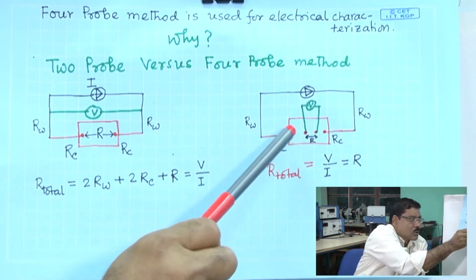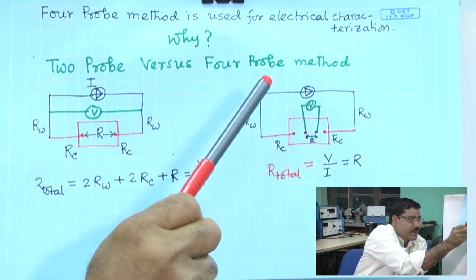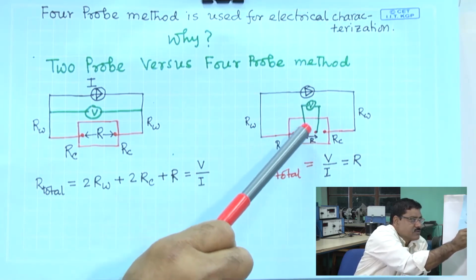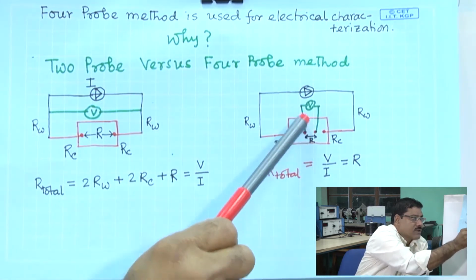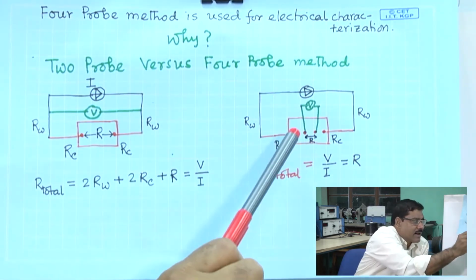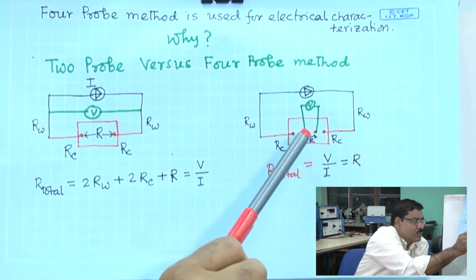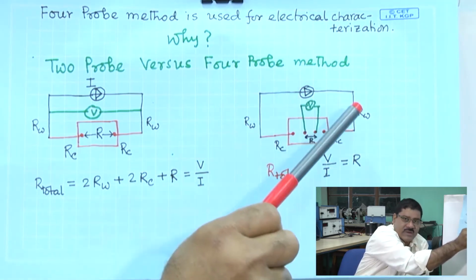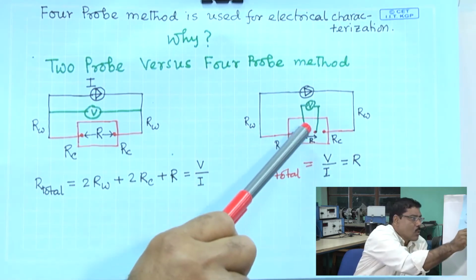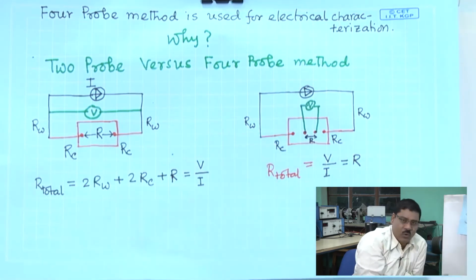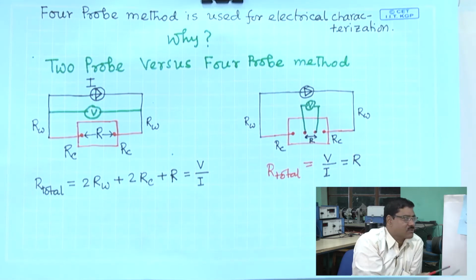If there is any current passing through the voltmeter, it has to go through this contact, but current passing through the sample does not need to go through this contact, it will go through the sample. So, no current or negligible current will pass through the voltmeter.